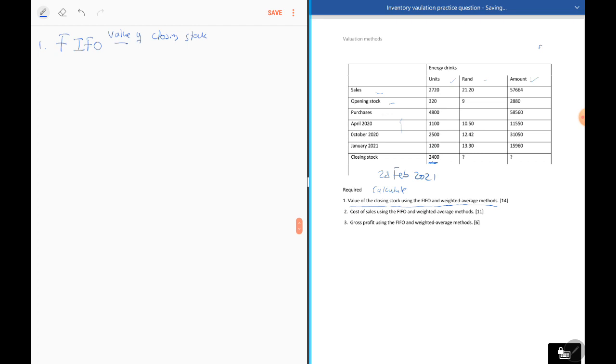We had opening stock of 320 units. We also purchased 4,800, which is the addition of all of these together, and then we have closing stock of 2,400.